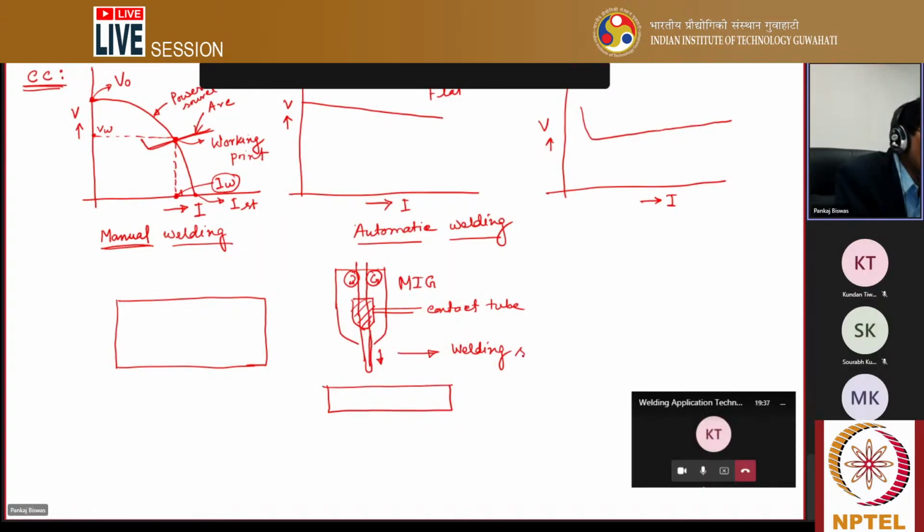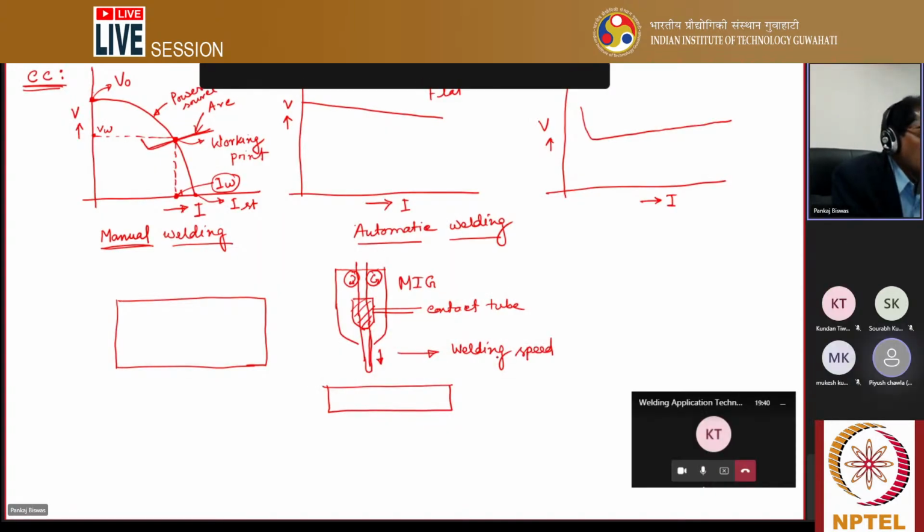There is also a welding speed required to do the welding operation for a particular length. If both wire feeding and welding speed are automatically controlled, then that is called an automatic welding process.